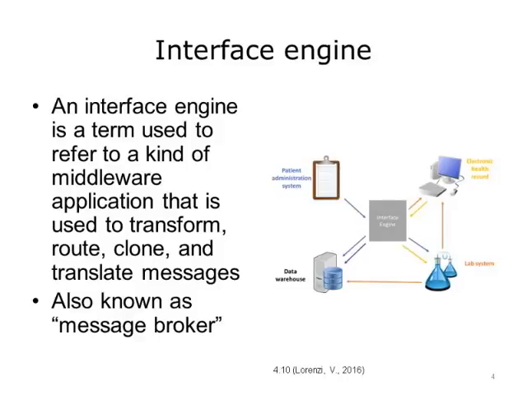We have a hub-and-spoke model where all the systems are sending data to the interface engine and getting their feeds from the interface engine. The picture depicts how interface engines simplify and organize interoperability by reducing the number of connections between systems that need to be managed, and by creating a central management point.